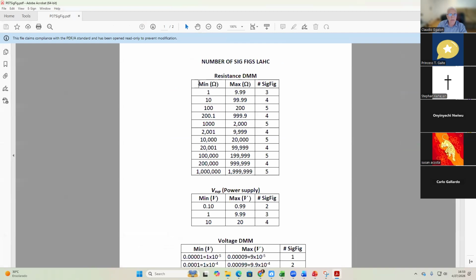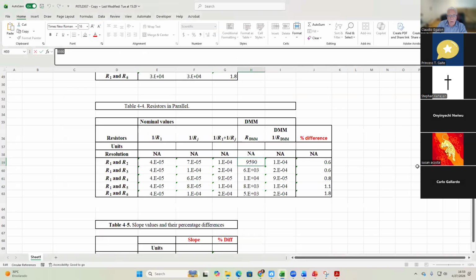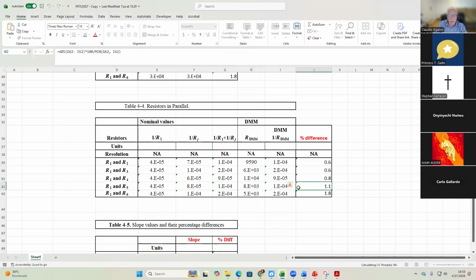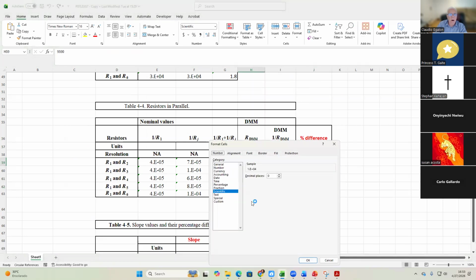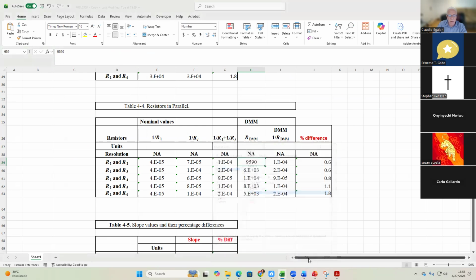You look at this table. 9,500 is between those two values, right? Like you said, there are four significant figures. So how do you write that down? Here you go. Right click, format cell, number, zero decimal places because you have four significant figures here. That's the right way of writing it down.